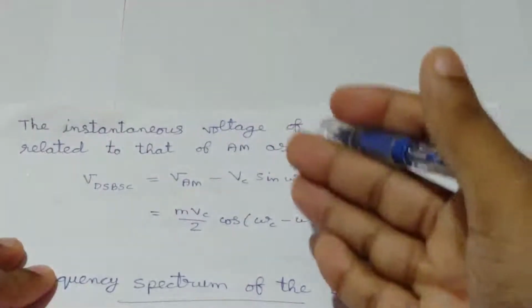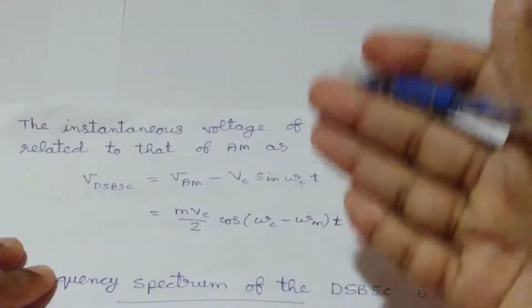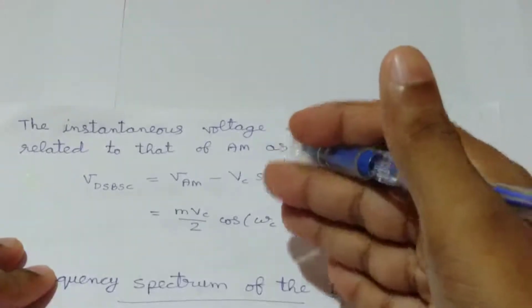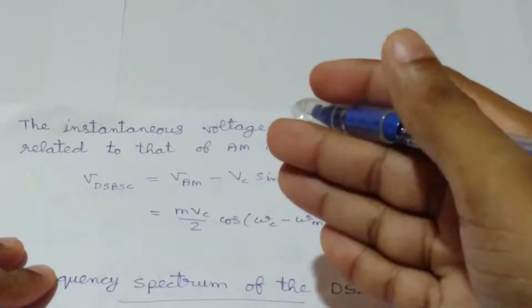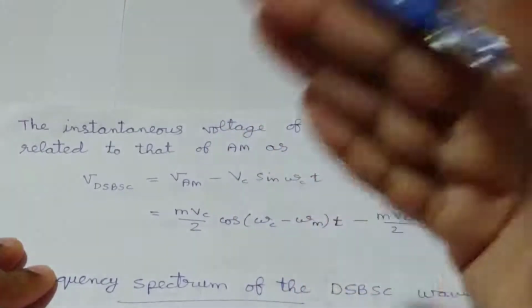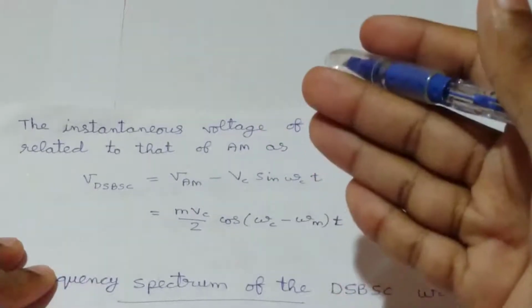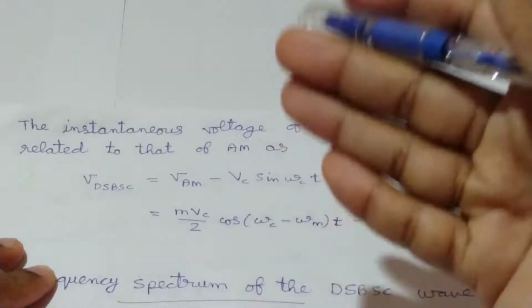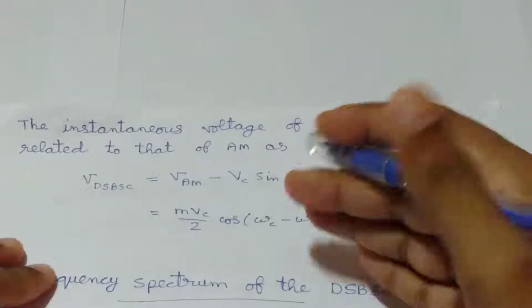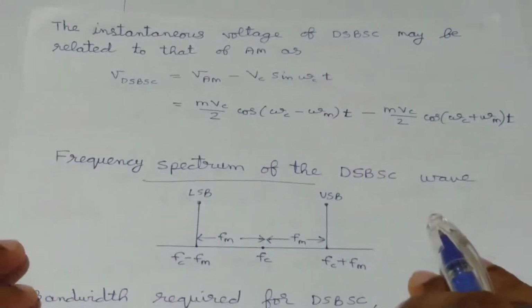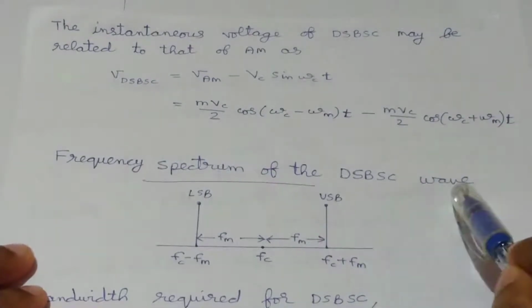Suppose your application requirement is that the cost of the receiver needs to be significantly low, then AM is preferred, as in the case of AM broadcasting. Alternatively, if the application is meant for point-to-point service, then double sideband suppressed carrier is preferable. Let's now consider the frequency spectrum of the double sideband suppressed carrier wave.